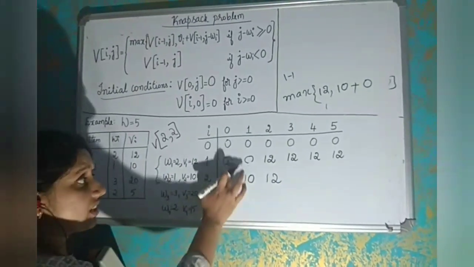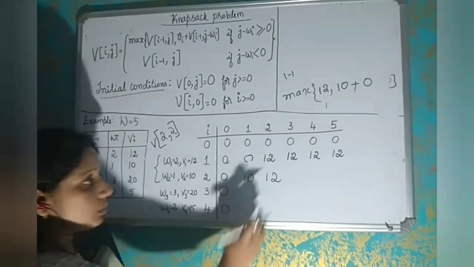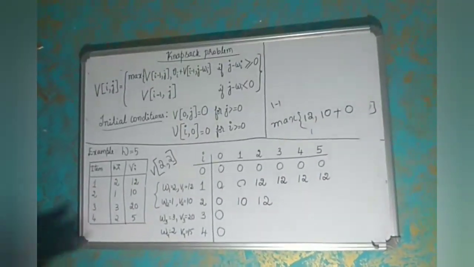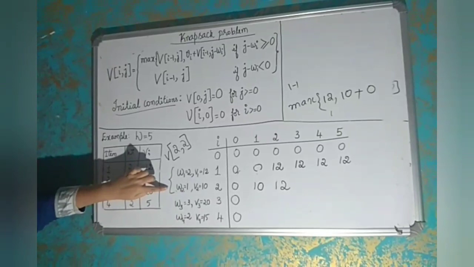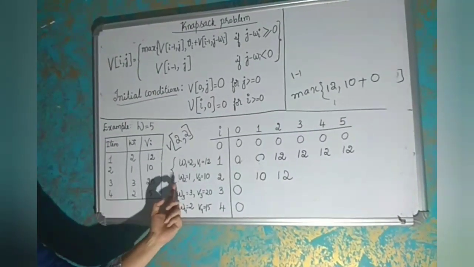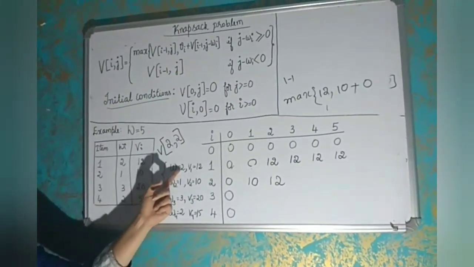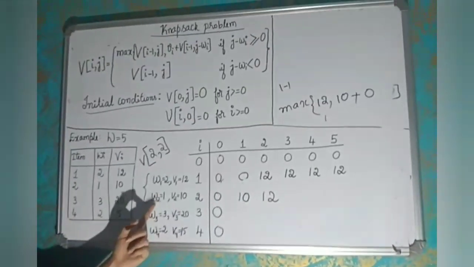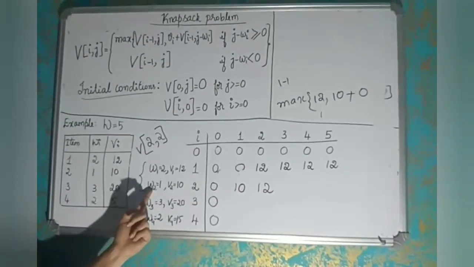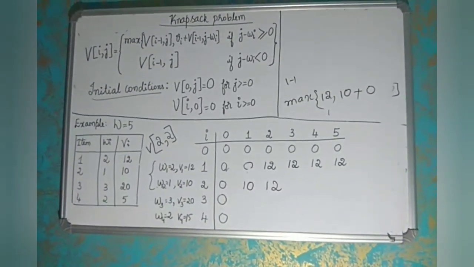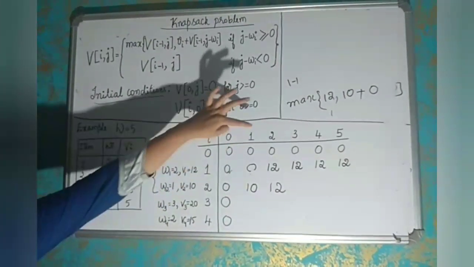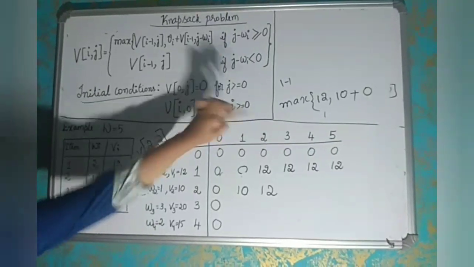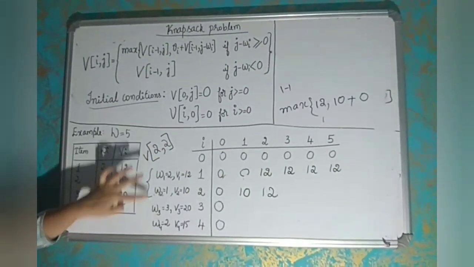See why it has changed here from 10 to 12. Here you had the knapsack capacity 1. So though there are 2 items, we can put only the item whose weight is 1. You cannot put the other item. You can put the second item and the profit you gain is 10. But when you come to this one, the capacity of the bag is 2 and you have got 2 items.